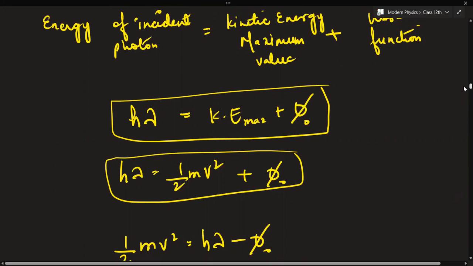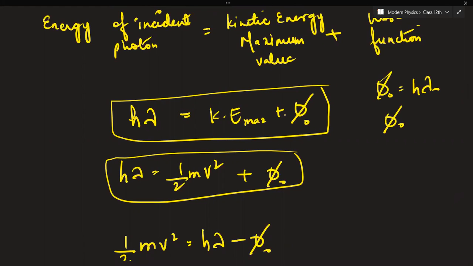Now, you know this work function can be written as h nu naught. Work function can be left as work function only. You know work function can be written as h c by lambda naught. So you can substitute. Maximum kinetic energy can be written as simply half m v square, and it can be written as e V naught also.